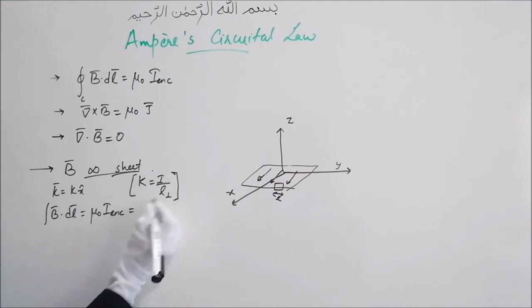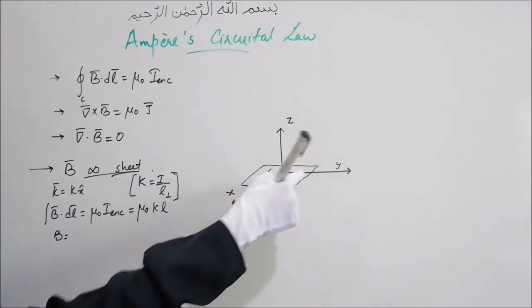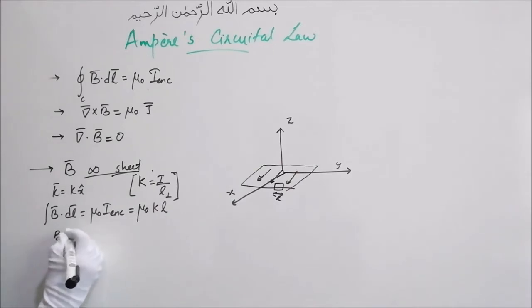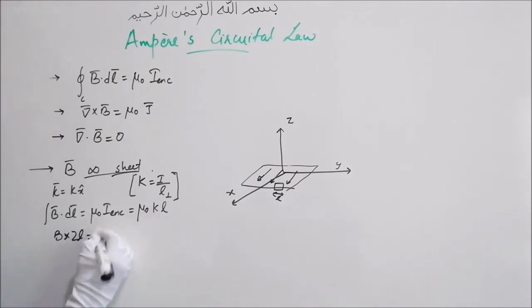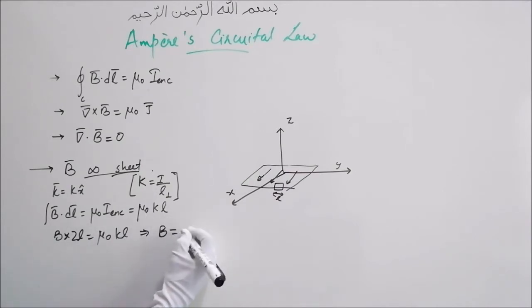So here I will be K into L. So this will be mu naught K into L. dl is the length, so this distance is L, this distance is also L, it comes out to be 2L into B is equal to mu naught KL, and therefore the magnitude of the magnetic field will be equal to mu naught K by 2.